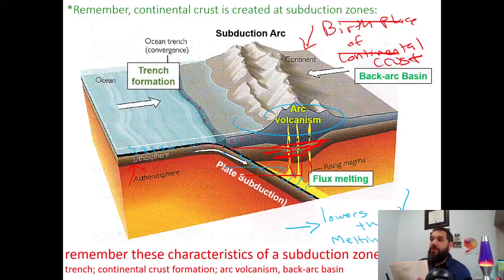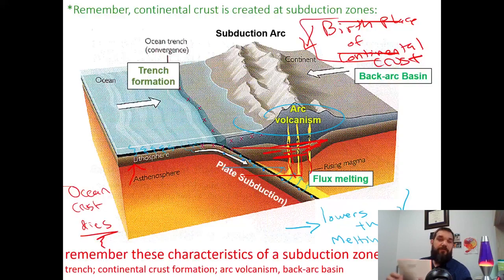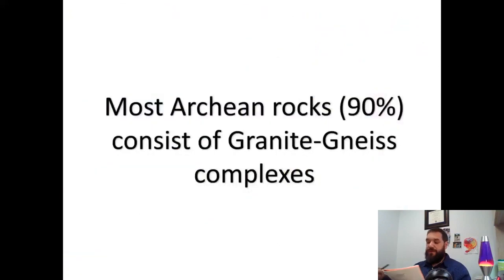It's where the ocean crust goes to die. So the ocean crust dies. The continental crust is born. From the ashes of the ocean crust arises the continental crust. Okay? So that's how it all works. It's an extremely important place.